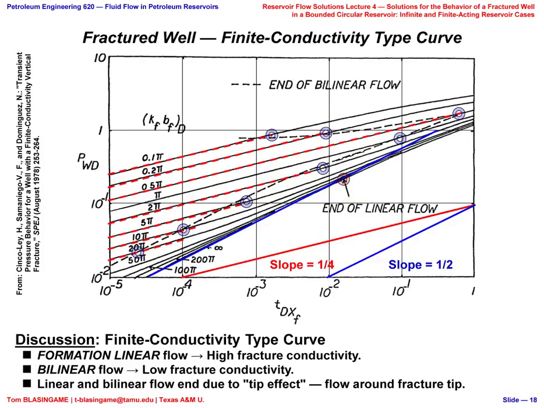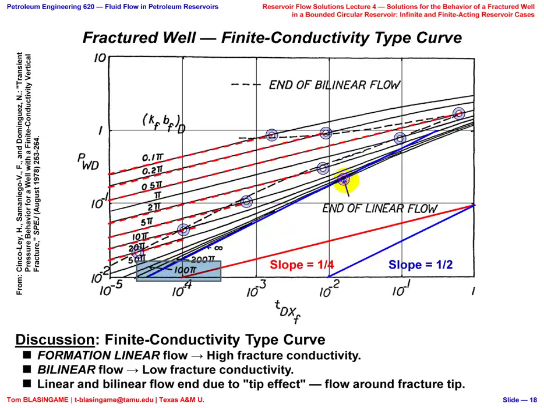So what does the end of bilinear flow mean? What's happening with the end of bilinear flow? So you have flux down the fracture and you have flux coming into the fracture. So again, it's the tip effect. When the pressure distribution begins to curl around the outside of the tip, that is the end of bilinear flow. The same thing is true for the end of linear flow, and you can see that all these cases down here are essentially infinite conductivity, and they provide a linear flow solution.